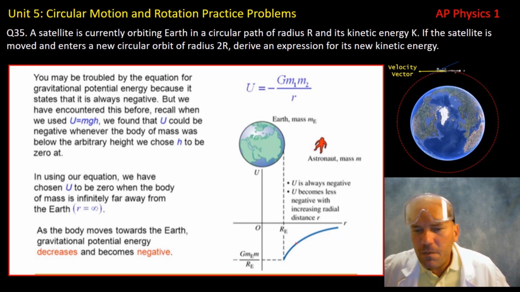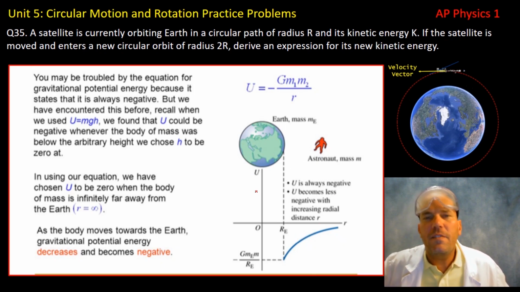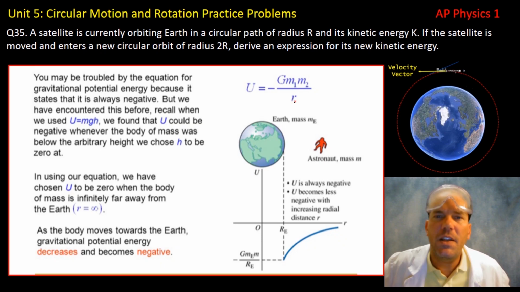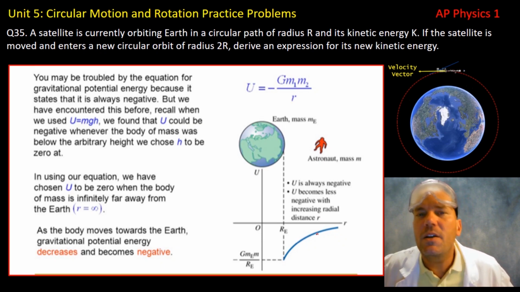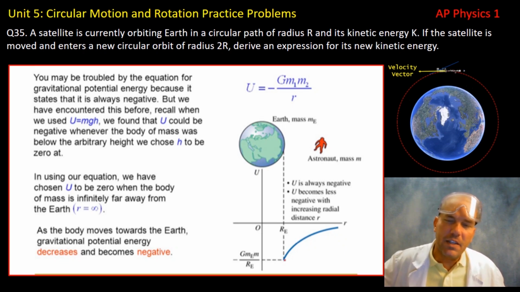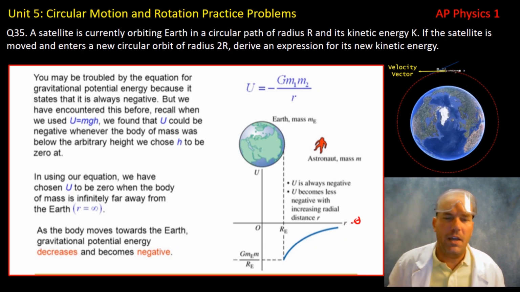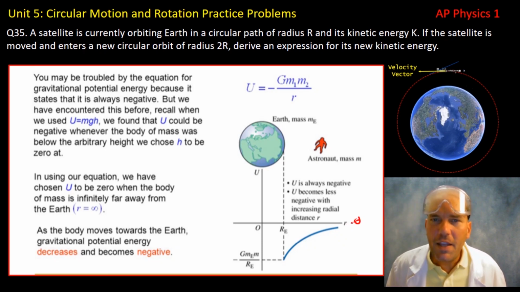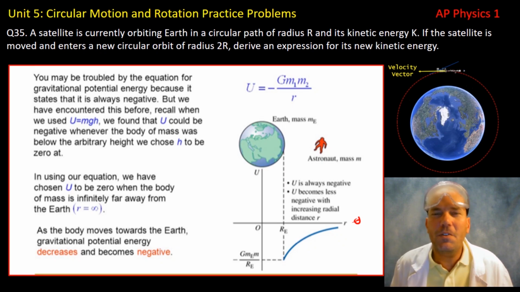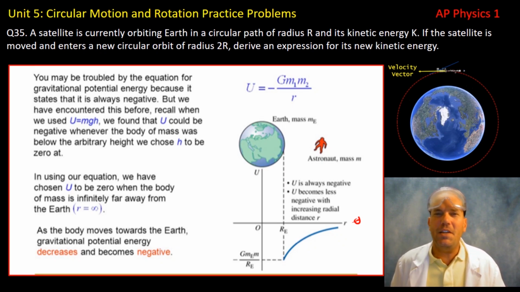As we get further and further away, our value for the universal gravitational potential energy becomes less negative. So more negative as we get closer, less negative as we get further away, and at infinity, 0. Okay, so that is why the value for the universal gravitational potential energy is negative.